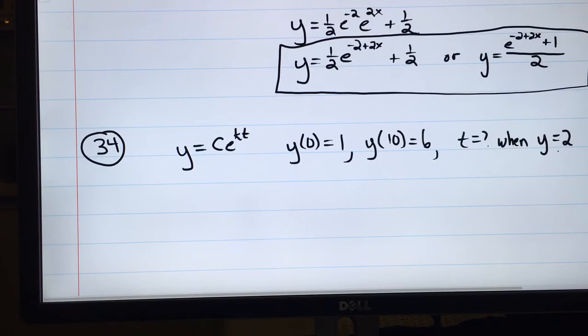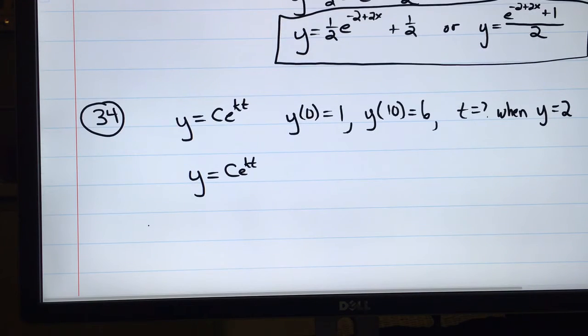Again, we have y is equal to c times e to the k times t. With the initial condition, y naught is equal to 1, so we have 1 is equal to c times e to the k times 0.